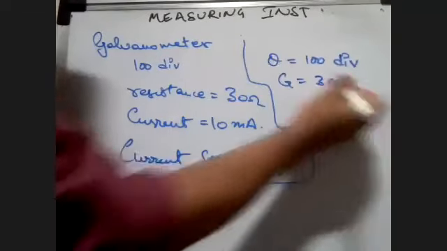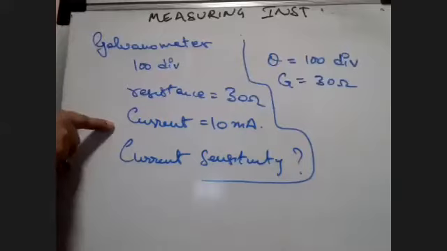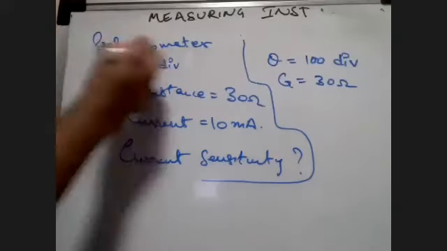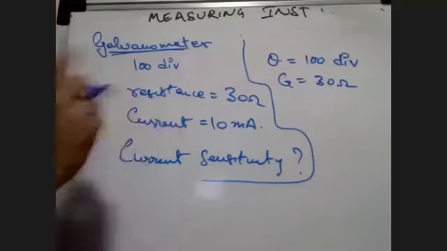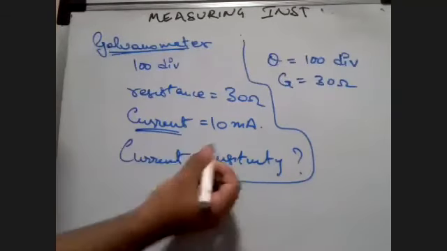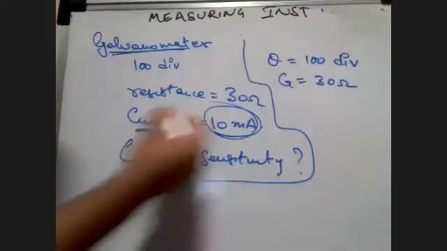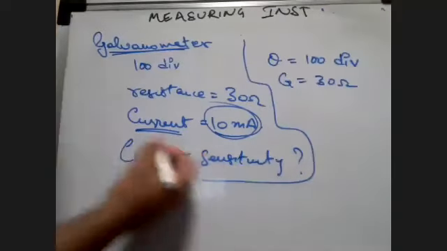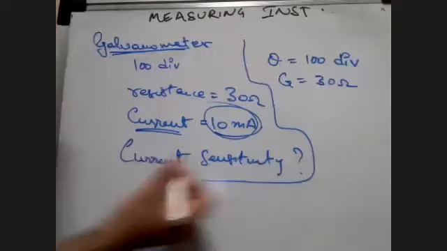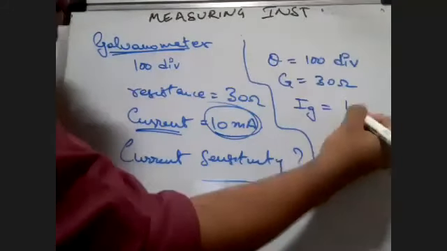Next, they have given the current required for a full scale deflection, which means the needle is going fully towards the right. The current through the galvanometer for full scale deflection is 10 milliamperes, so it cannot take more current than that. The current through the galvanometer is defined as Ig, which is equal to 10 milliamperes.